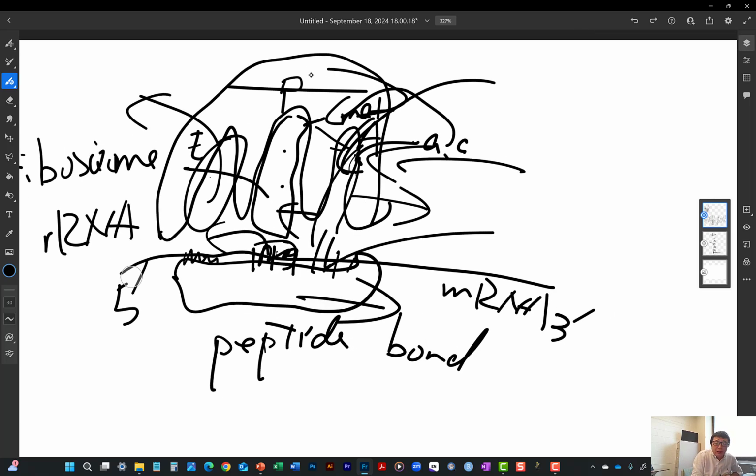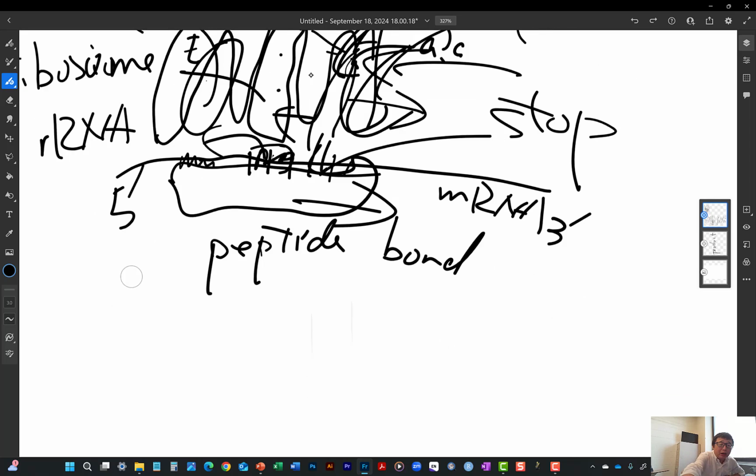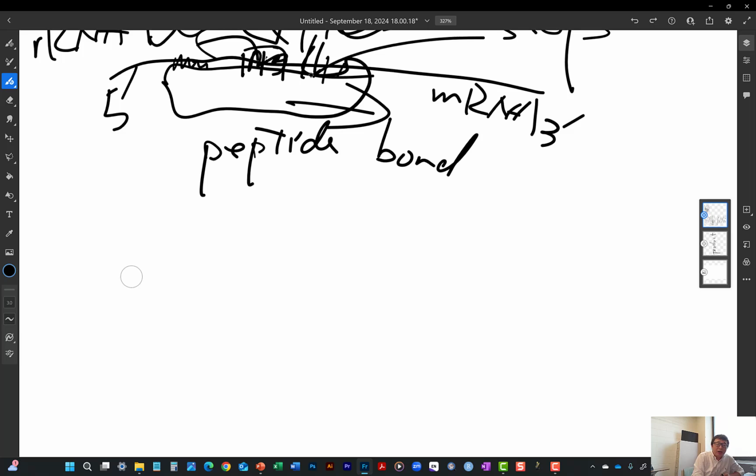And then eventually at the end, you have the stop codon here. And what happens at the stop codon? The stop codon does not match any tRNA, but rather a protein similar to a tRNA comes here. And this protein will trigger the disassembly of everything. Then the mRNA is released.